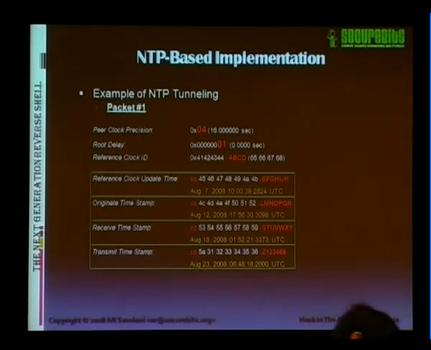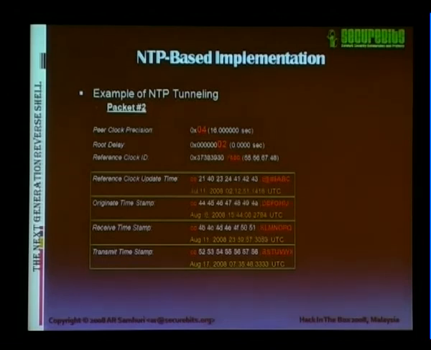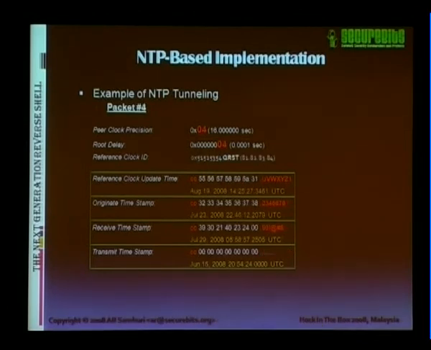Here's an example. 120 bytes of data can be transferred using 4 NTP packets. The first packet will look something like this. We have the total number of packets, 4, and then the first packet carries number 1, and then the data is tunneled in the timestamps.